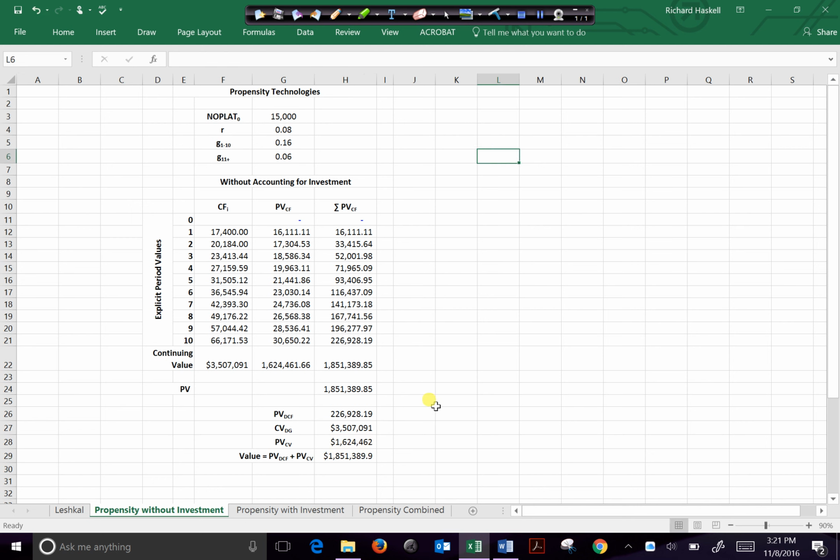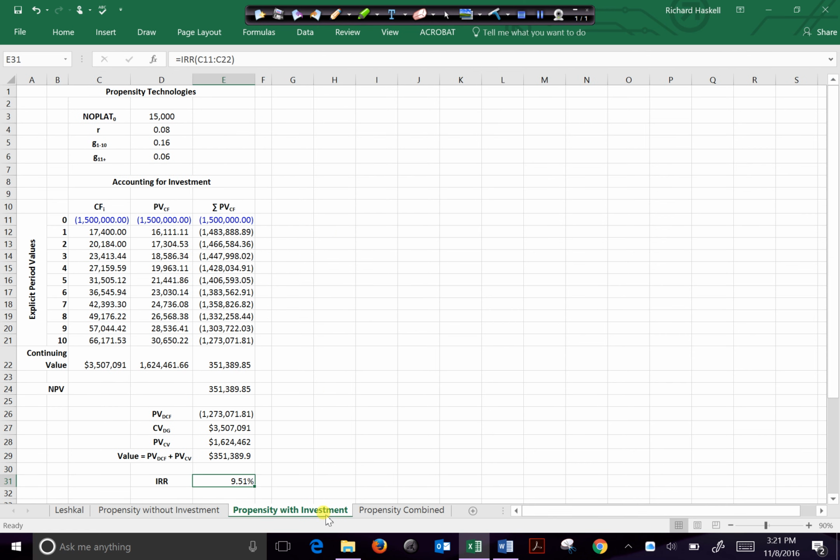Now, if I was going to include a possible investment in the company as though that's what it cost me to get involved, I can put that into year 0. And everything else here, all the rest of this spreadsheet, is virtually identical in construction to the one we just looked at a second ago without the investment, except this running balance looks different because we're starting with negative $1,500,000.